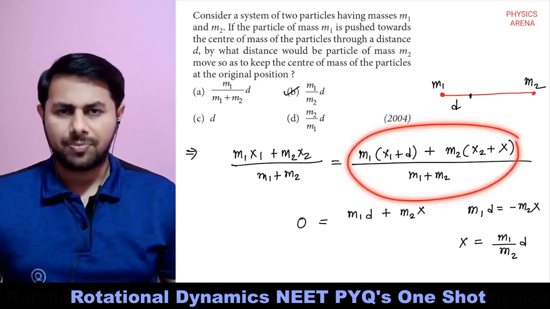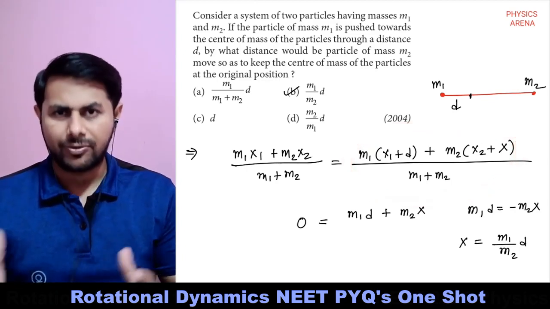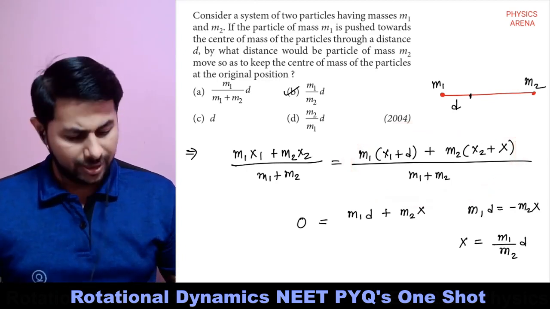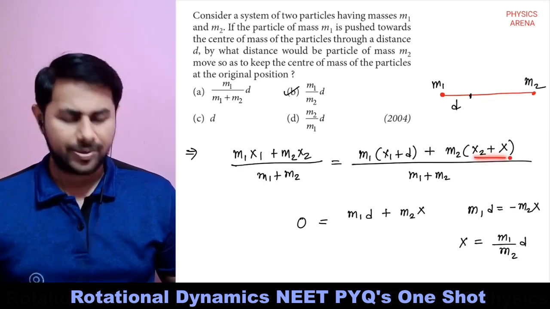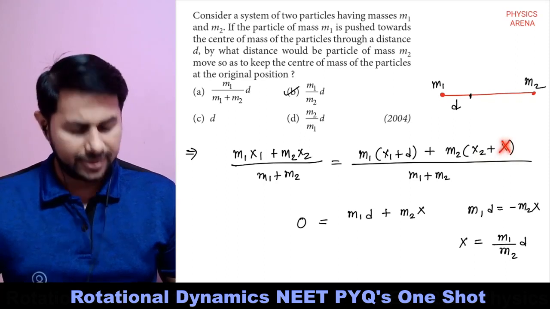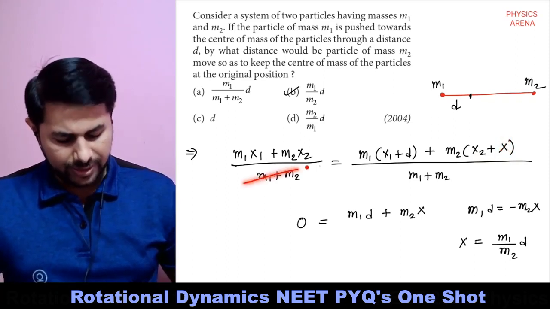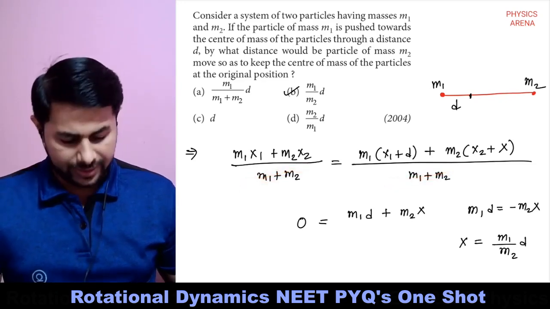Now the center of mass becomes m1 times (x1 plus d) plus m2 times (x2 plus x), and x is what we have to find. Then this m1 plus m2 gets cancelled out.